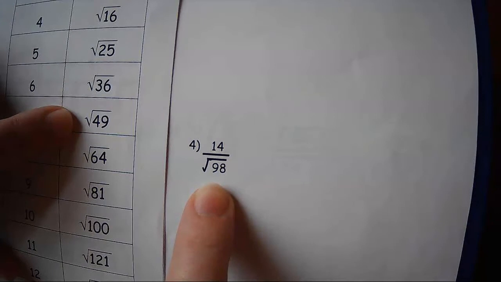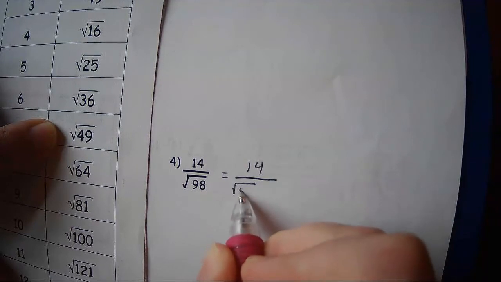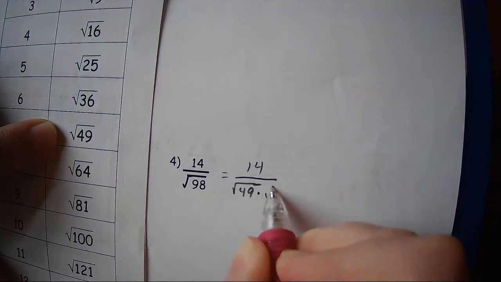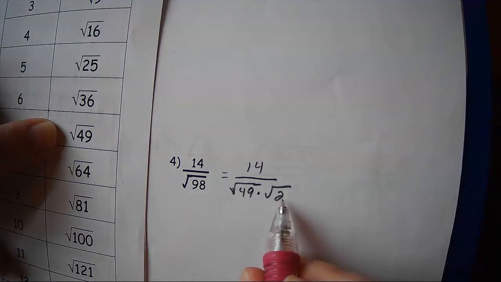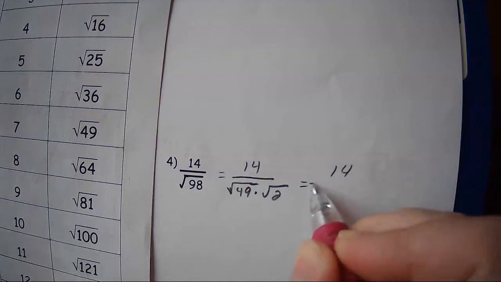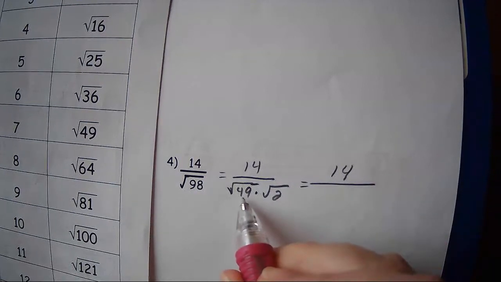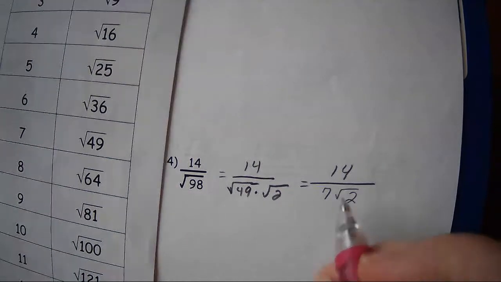What about 49? Yes. Hey guys, 49 evenly divides into 98, 49 times 2. So I would do the square root of 49 times the square root of 2. And I can simplify this. So now I've got 14 over, the square root of 49 is 7, square root 2.